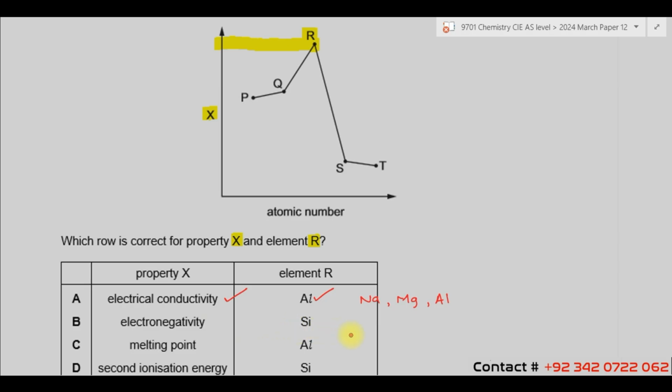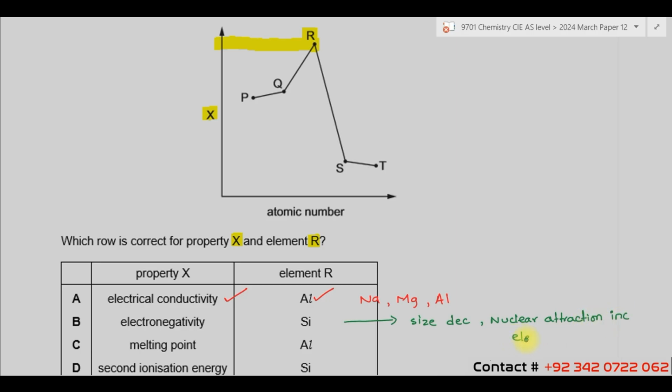Second thing is electronegativity. Now across period from left to right, size decreases, nuclear attraction increases because number of protons increase.